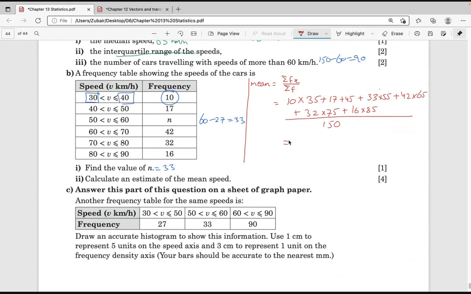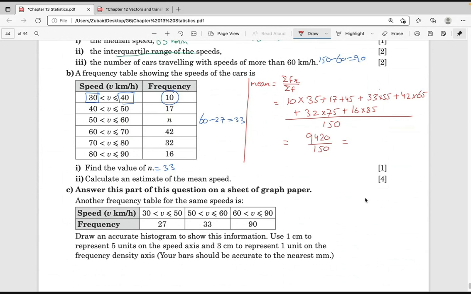Just get the answer correct. Don't rush. 65 multiplied by 32 plus 75 multiplied by, and 85 multiplied by 16, divided by 150.